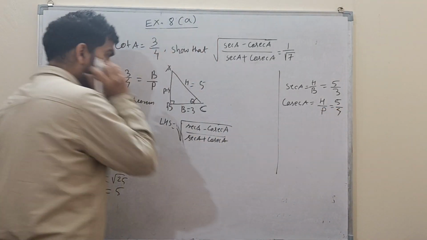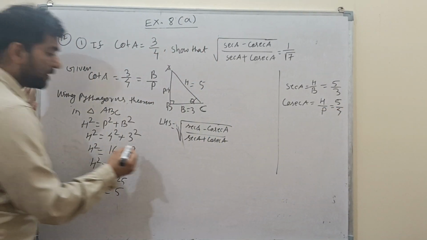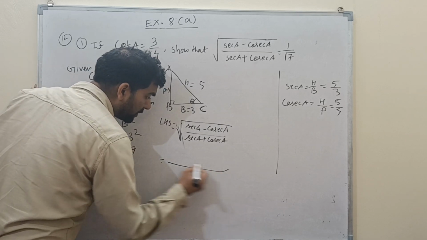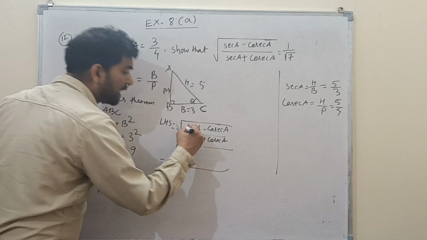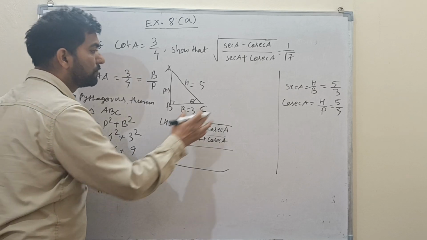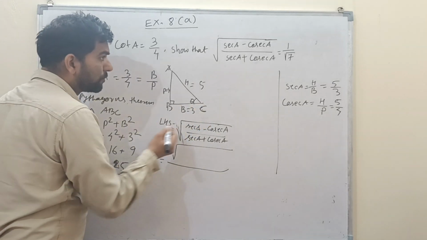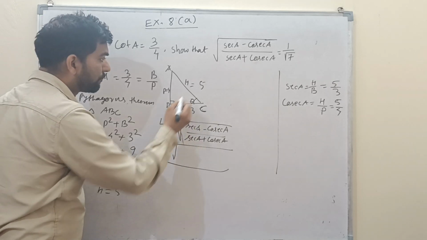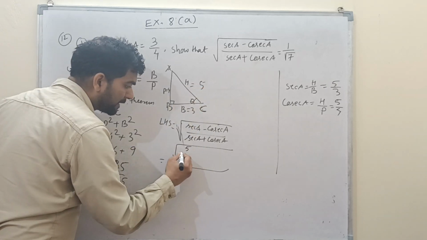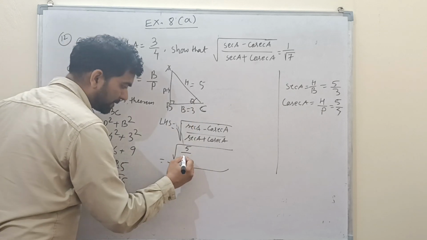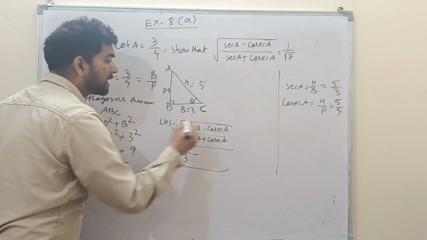Let us put this value here. So it will be root over sec, which is hypotenuse by base, so 5 by 3, minus cosec, again inverse of sine.